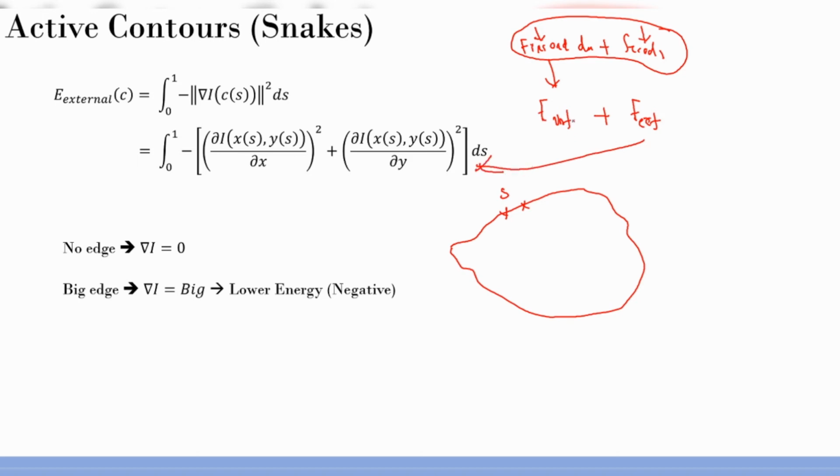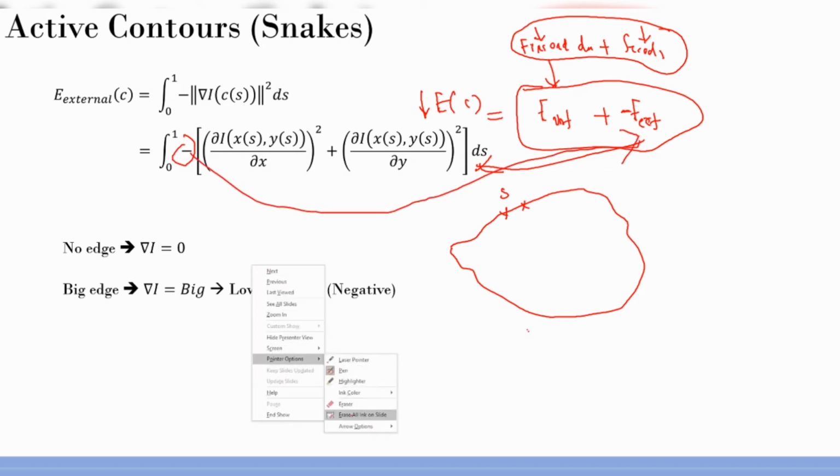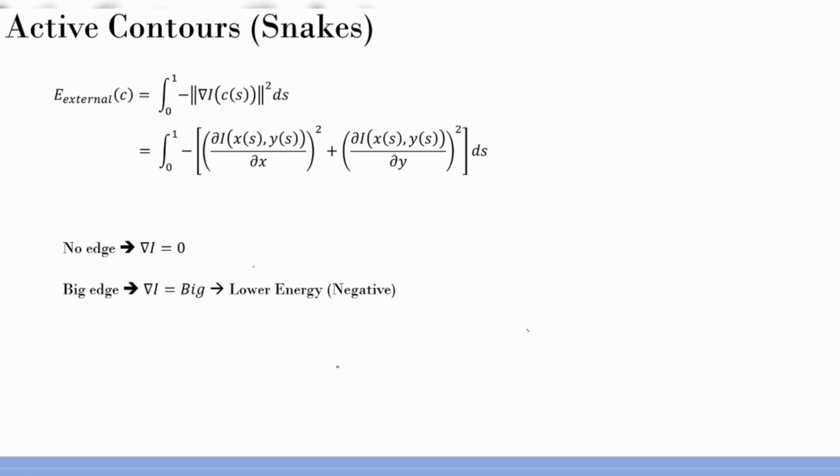Since overall we want to minimize, so this is your E of C, the energy of the curve, we want to minimize this. That is why this guy has a negative term in front of it. I hope I am not confusing. It's quite straightforward. There's no real difficulty here. So internal energy plus external energy, and this external energy is expressed in a negative way, so that you want to minimize the overall E of C. If you're confused, just think of it this way.